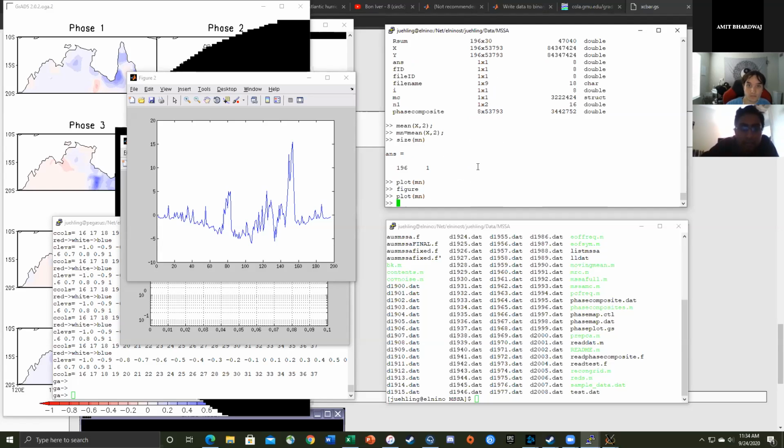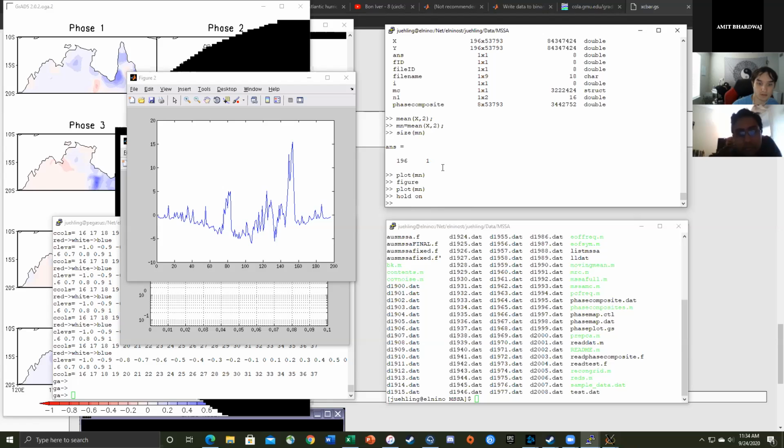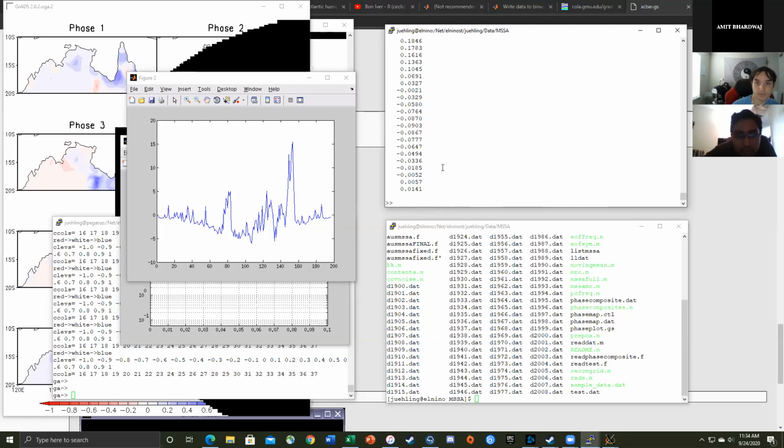Put hold on, and then define another variable MC equal to mean of RC, comma 2. Plot MNC.